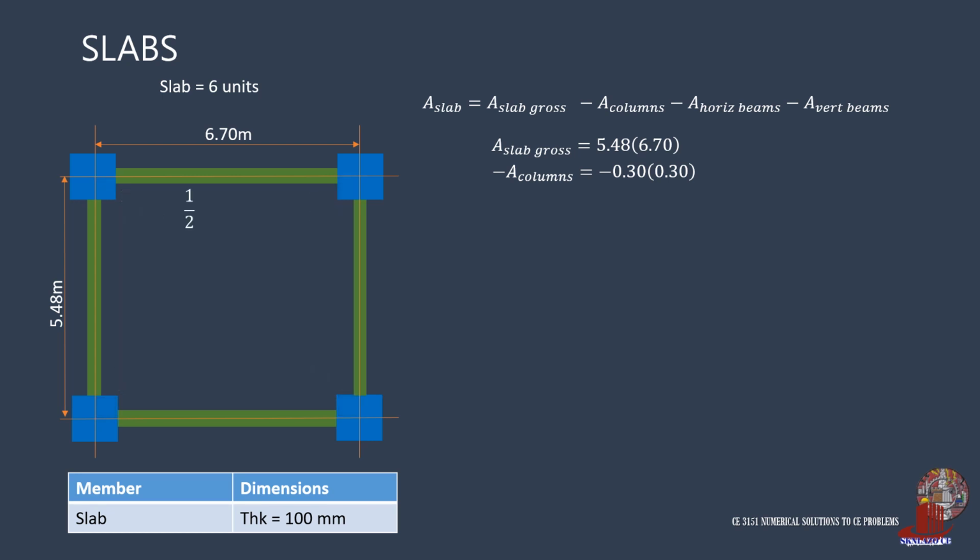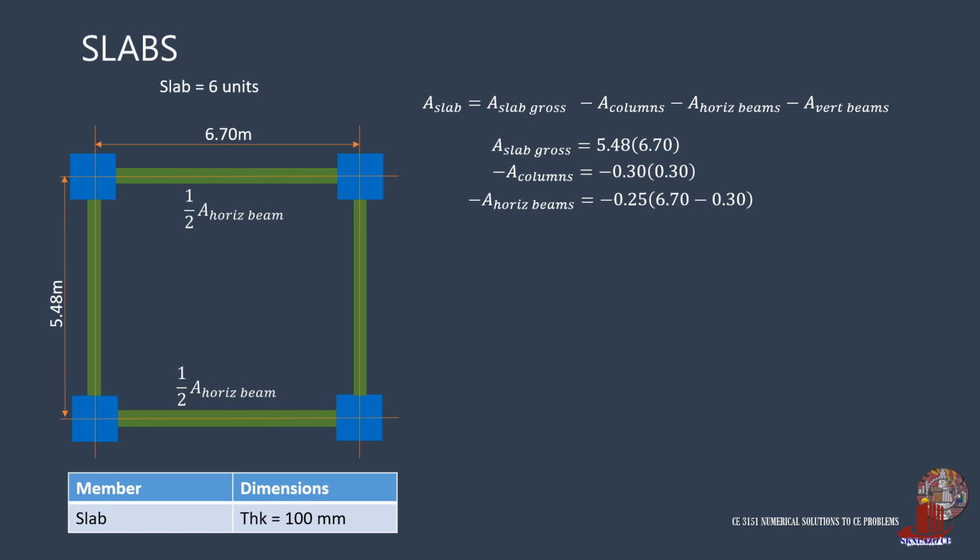Next are the horizontal beams, which are found from the bottom and the top of the slab. There are 2 units of half of the horizontal beams, which can be simplified as plainly the cross-sectional area of the beam. This we can compute as the width of 0.25 meters times the clear length of 6.7 minus 0.30.